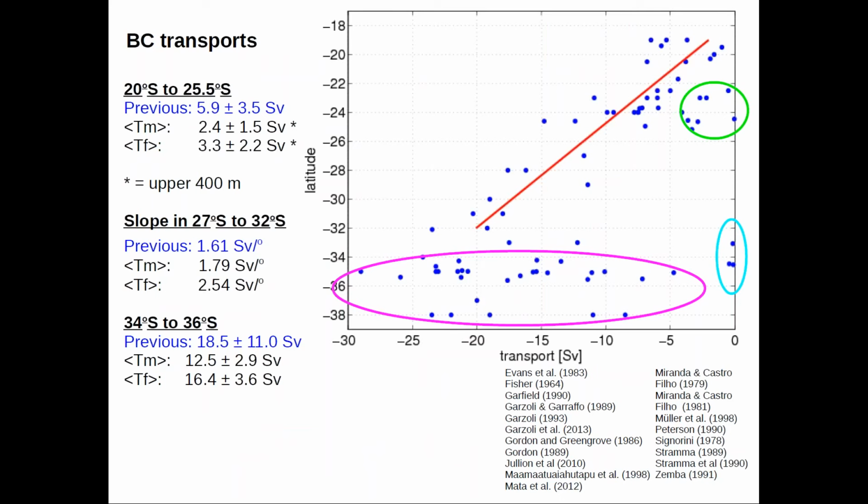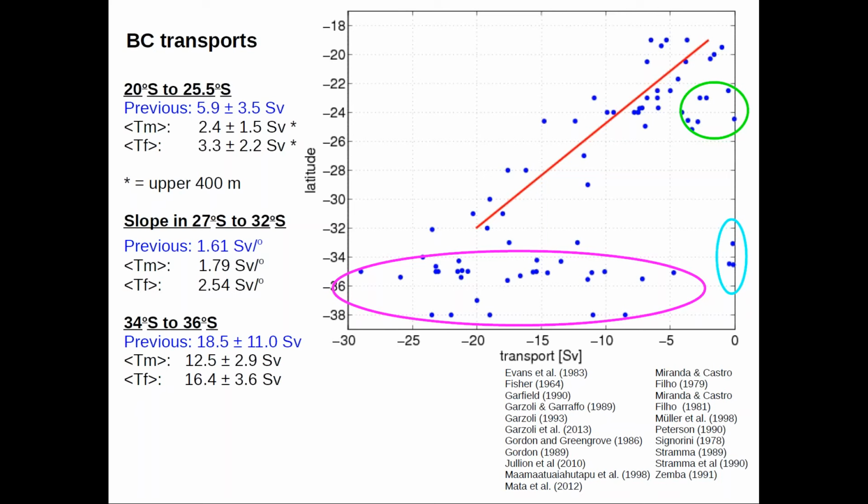Then I recalculated the latitude dependence. So between 20 and 25.5 south, more or less, the red line goes right through it, but you don't really have much of a slope, you have more of a scatter. So this time I estimated the mean for that latitude range and come up with 5.9 plus or minus 3.5 Sverdrups based on the previous estimates.